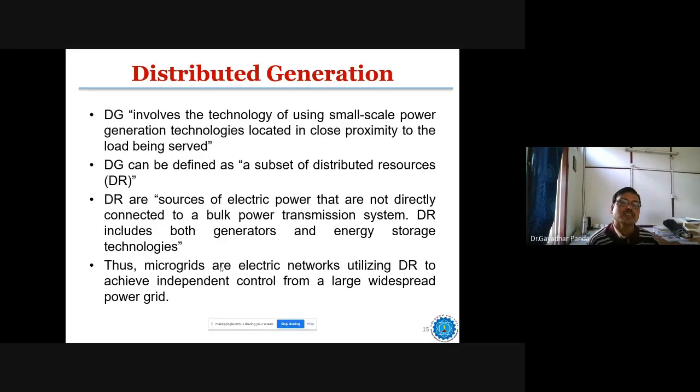Distributed resources means the combination of generators, DG, as well as the energy storage devices. And microgrids are electric networks utilizing DR to achieve independent control from a large widespread power grid. Because these are isolated grids, independent control is possible.